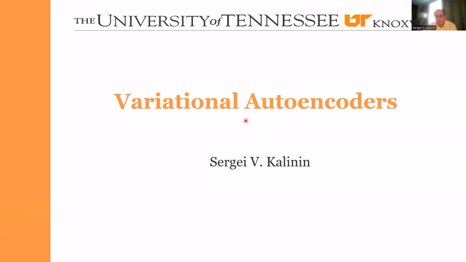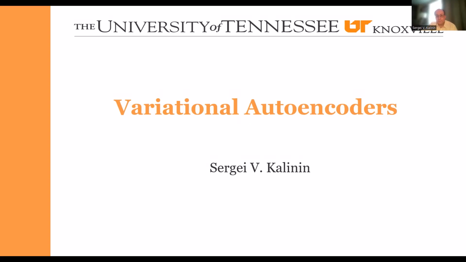This topic is the concept of autoencoders and variational autoencoders, and very closely related definitions of things like encoding, decoding, latent representation, latent images, and so on and so forth.